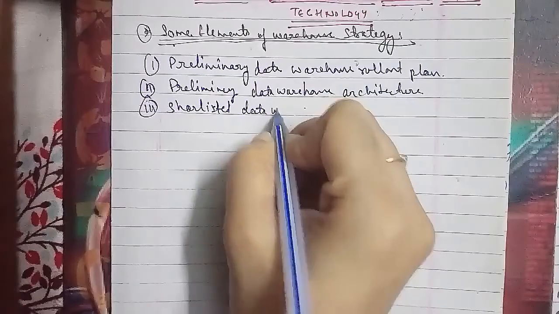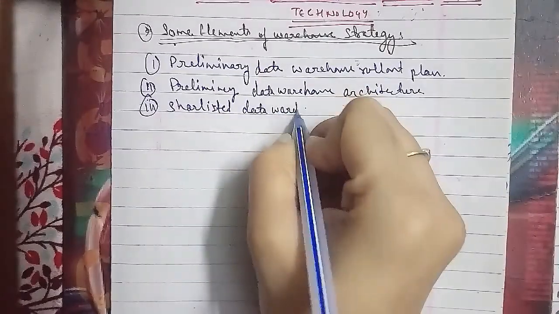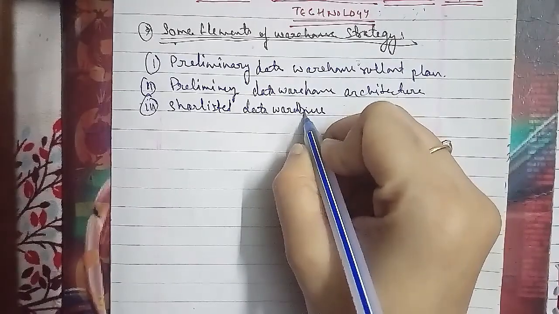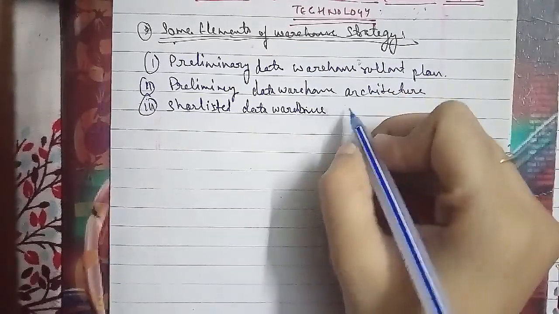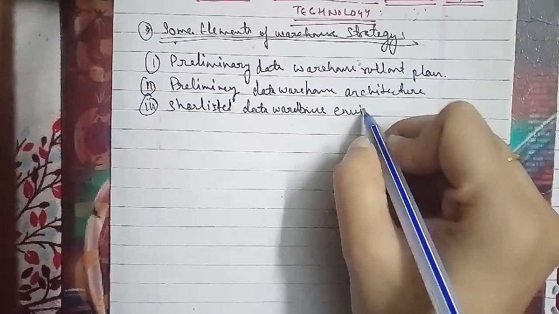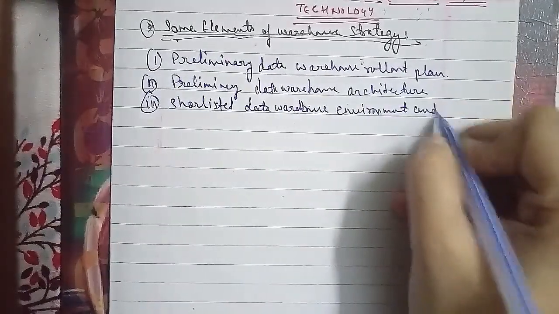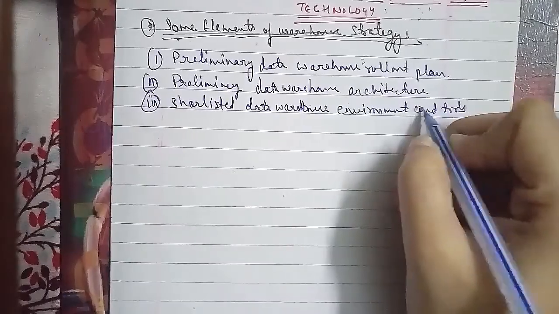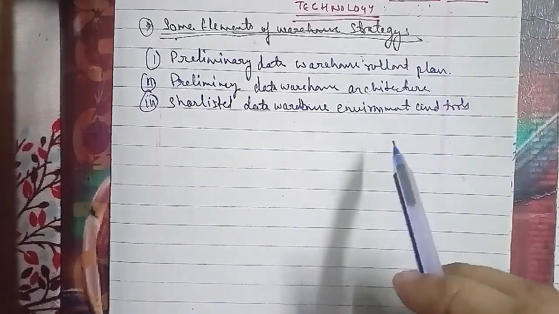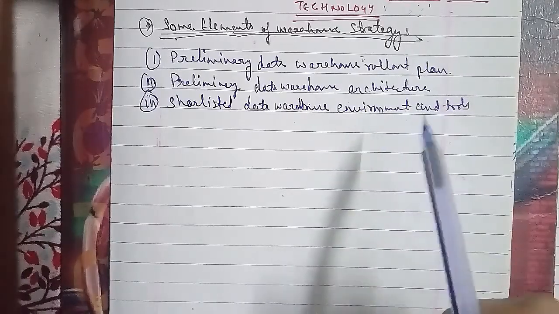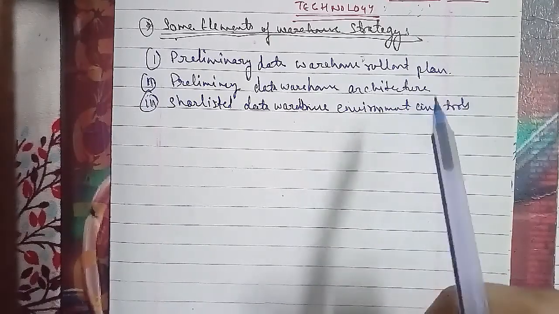So, shortlisted data warehouse environments and tools: there are a number of tools and warehousing environments from which to choose, and you create a short list of the tools and environments that appear to meet warehousing needs. A standard set of rules will lessen tool integration problems and will minimize the learning required for both the warehousing team and warehouse users as well.